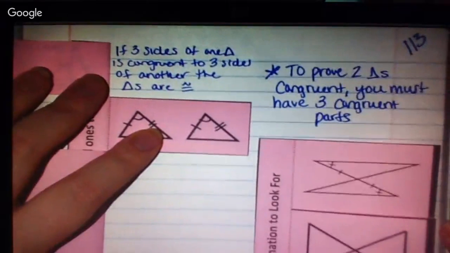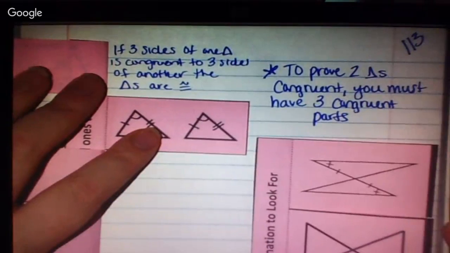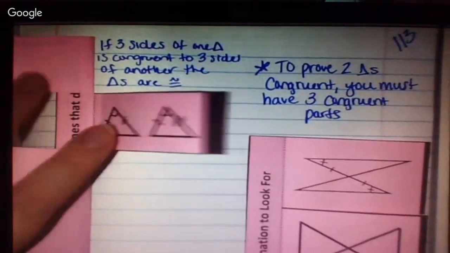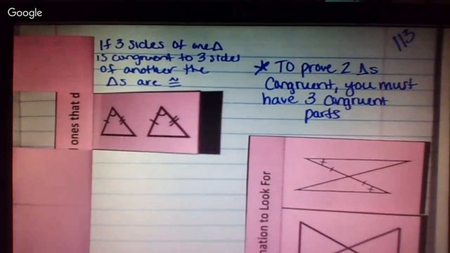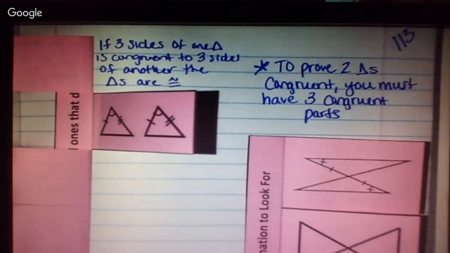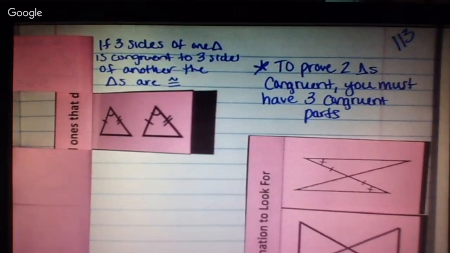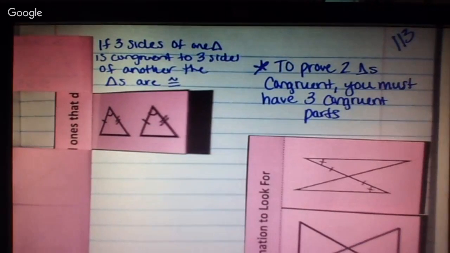The same, equal. If I took them and put them on top of each other, they would lie perfectly on top of each other. So if you see side, side, side, and side, side, side, they're automatically congruent because you have this side, side, side postulate.